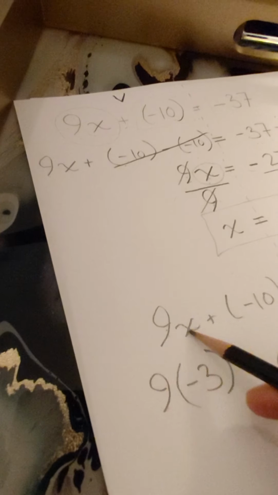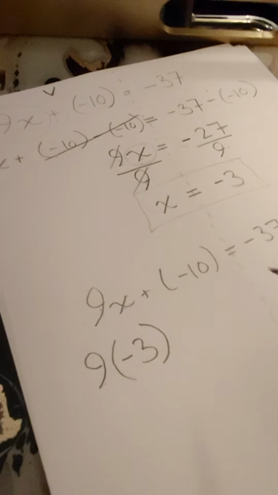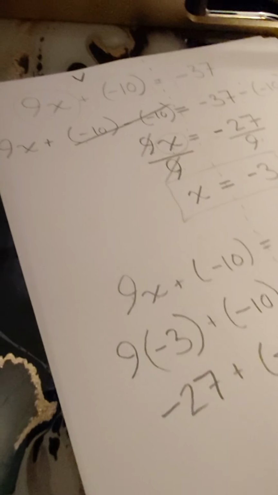So instead of 9 times x, because I know what x is, I'm going to do 9 times negative 3, and now I'm going to add negative 10 equals negative 37. So 9 times negative 3 would be negative 27 plus negative 10 equals negative 37.